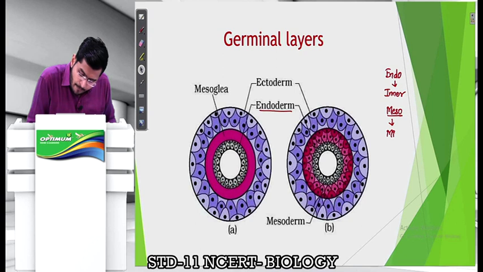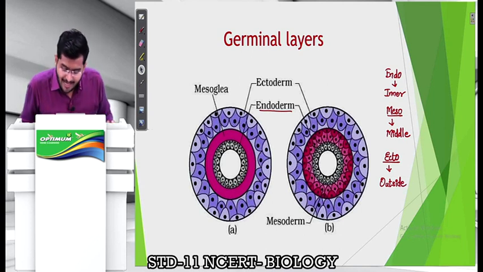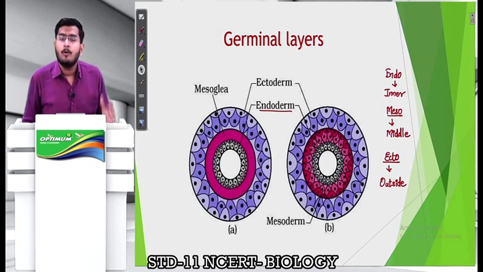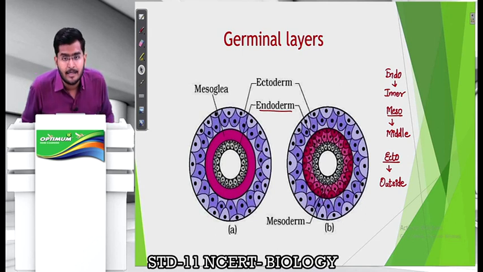Meso stands for middle. And then we have the outer or external germinal layer which is called ectoderm, because ecto stands for outside, right? So the innermost germinal layer is called endoderm, the middle germinal layer is called mesoderm, and the outer germinal layer is called ectoderm, right?